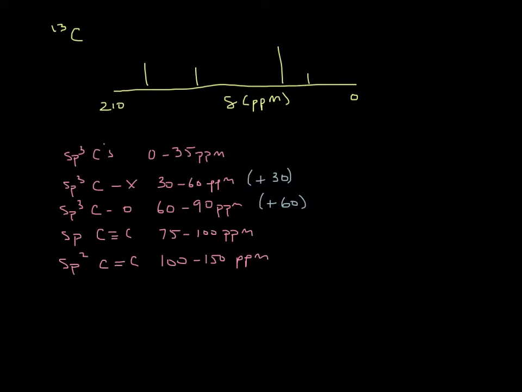Alright, lastly, sp2 C double bond O's, those are having their electrons withdrawn by the greatest amount, therefore they're going to be furthest to the left. They're the least shielded of all carbons in a carbon NMR, and these are about 160 to about 210 ppm. So with the environments, there's less to worry about with carbon NMR than with hydrogen NMR, because hydrogens could be close to a lot of things, but in this case it's really what functional group the carbon is a part of.